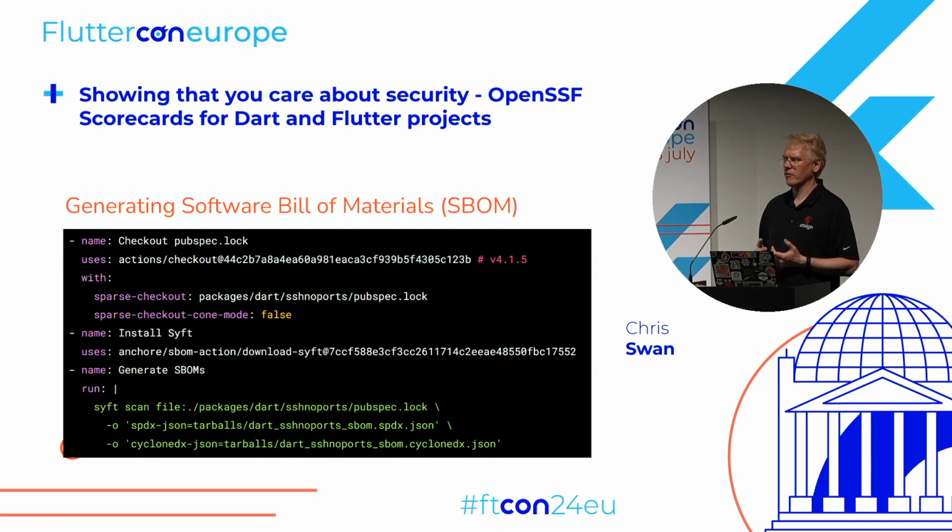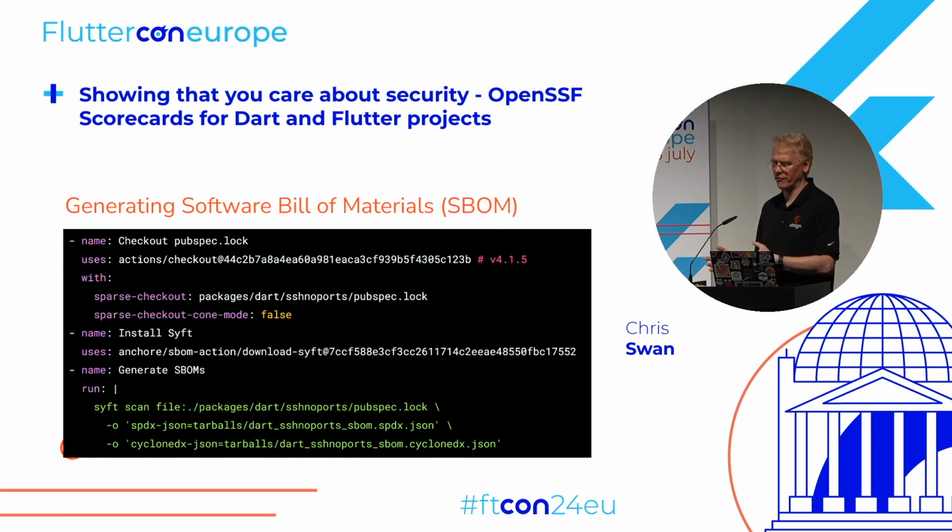Software bill of materials is becoming really important, especially in the US, because of an executive order a few years back mandating that the federal government should have a software bill of materials for software they're acquiring. With managed languages like Dart, it's actually really easy to generate one. Basically, anything that has a package manager that generates a lock file, that lock file can be transposed into a software bill of materials.